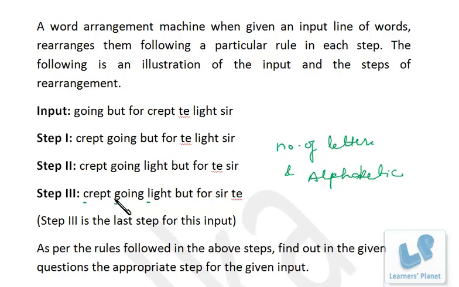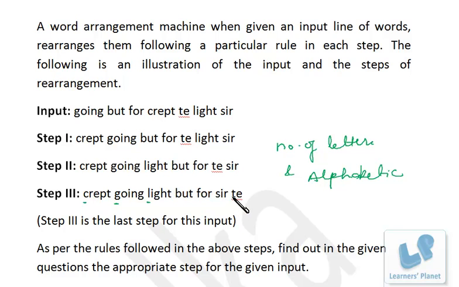So these 3 words have 5 letters, so the machine has arranged them alphabetically. Then these 3 words have 3 letters, so further they are also arranged in alphabetical order. Then the last word is TE, right? So the concept is clear.